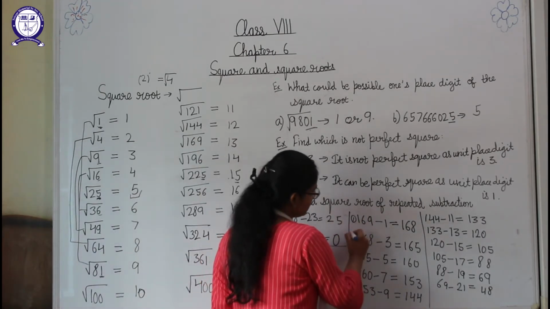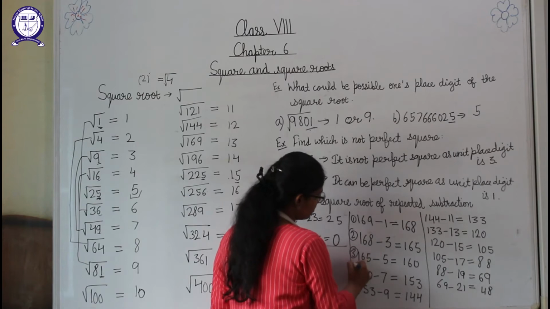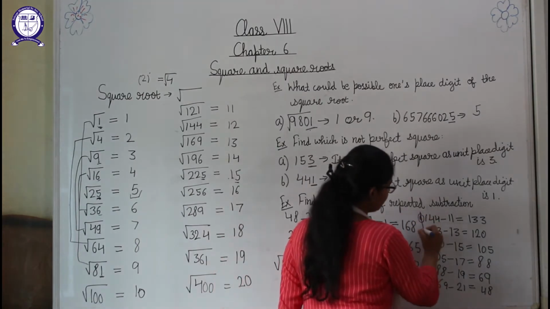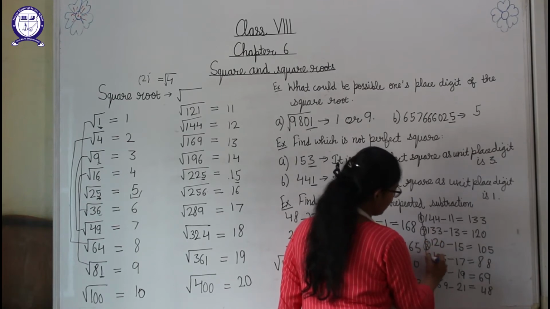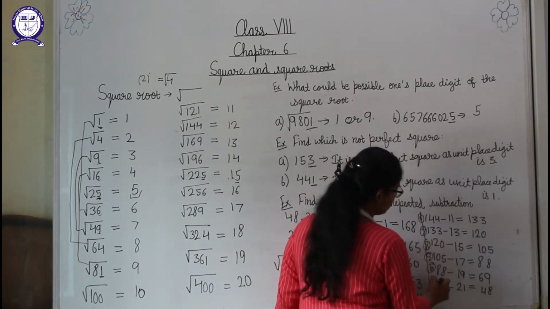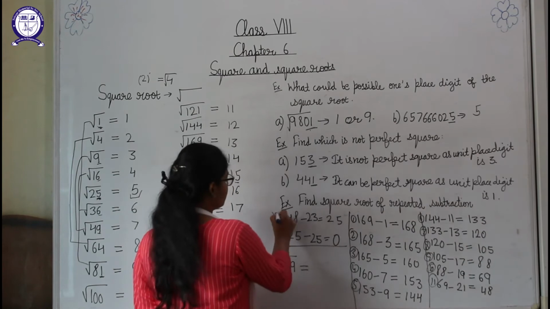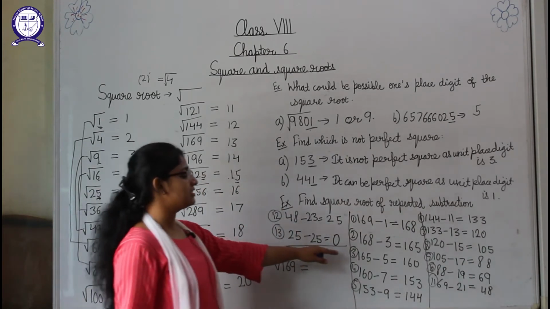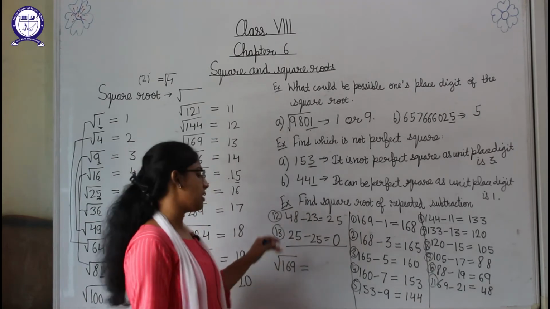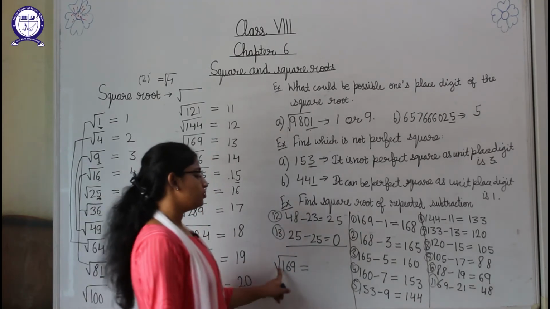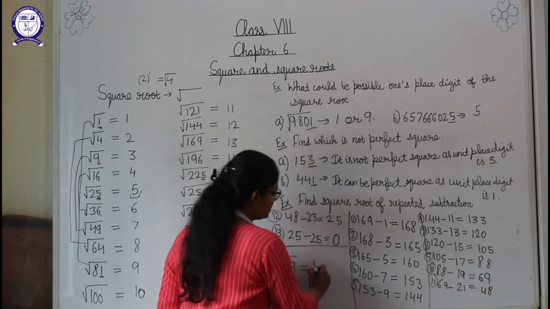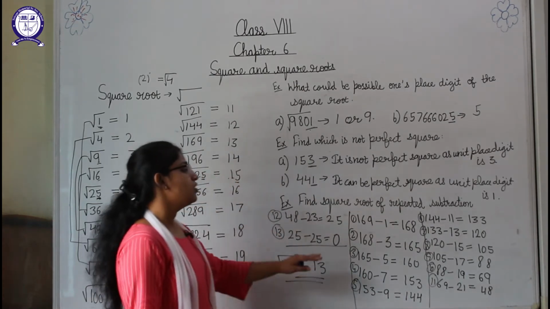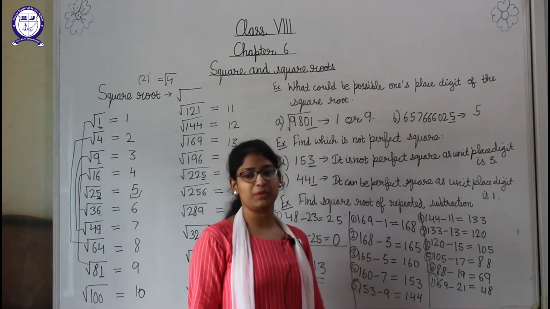This is step 1, this is 2, 3rd, 4th, 5th, 6th, 7th, 8th, 9th, 10th, 11th, 12th and 13th. In how many steps do we get our answer as 0? In 13 steps. It means the square root of 169 is 13. So this is our answer, students. By this we use the method of repeated subtraction.